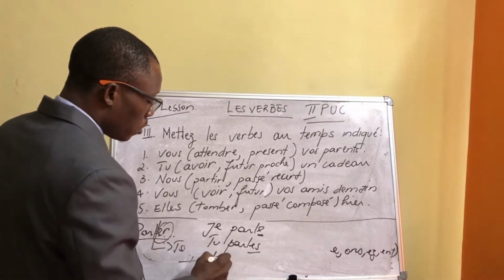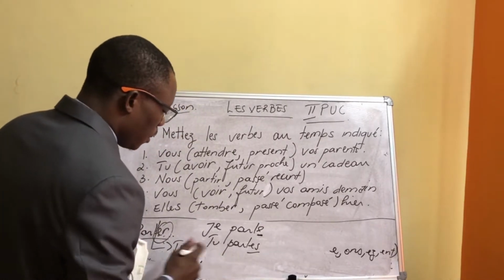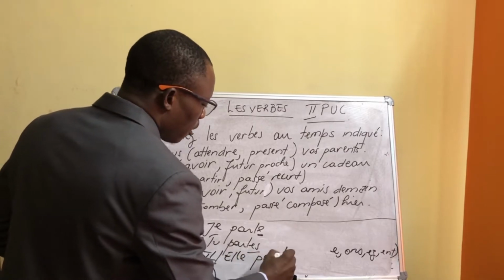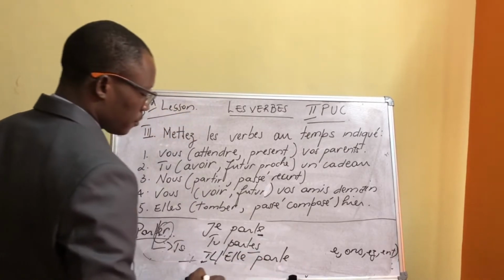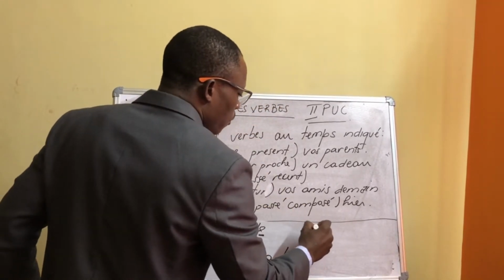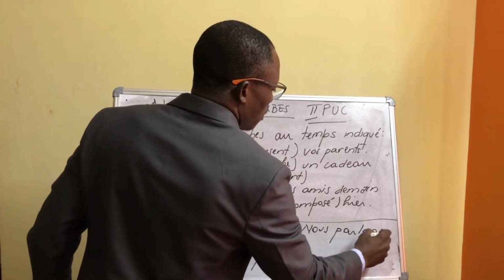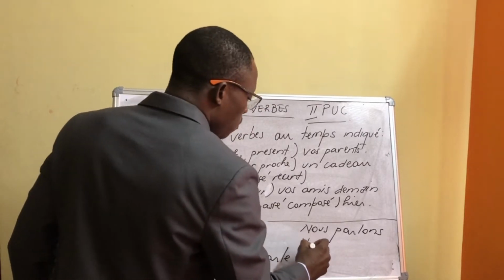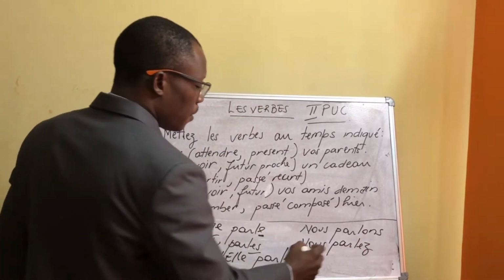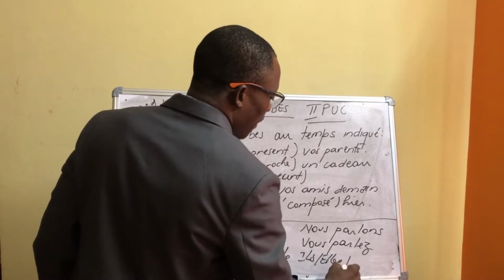Then il or elle parle, add E again. For nous and vous, we have nous parlons, add ONS, and vous parlez, add EZ. Then ils or elles parlent, add ENT.